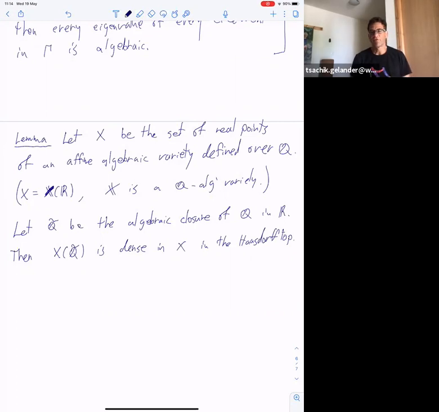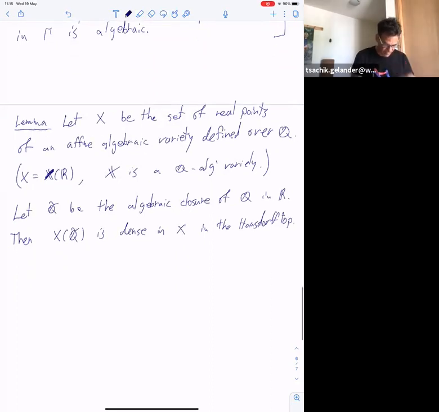So you use the implicit function theorem, and then you have the free coordinates and the non-free coordinates. The free coordinates you can just move to rational points, since the rationals are dense in R, and then use the implicit function theorem to find a solution such that the free entries are the rational points, and the other entries will be algebraic.